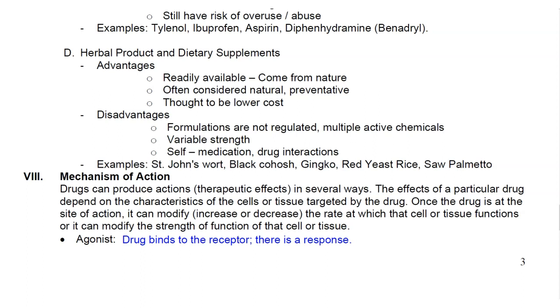Now, examples of dietary supplements or herbal products include St. John's wort, which is often used for anxiety and depression. Black cohosh, which is used for hormonal imbalances, usually for menopausal symptoms. Ginkgo for alertness. Red yeast rice is used for cholesterol. Saw palmetto is used for prostate issues.